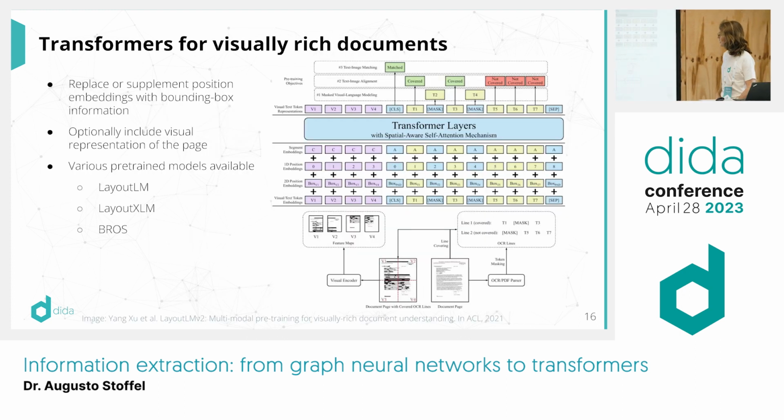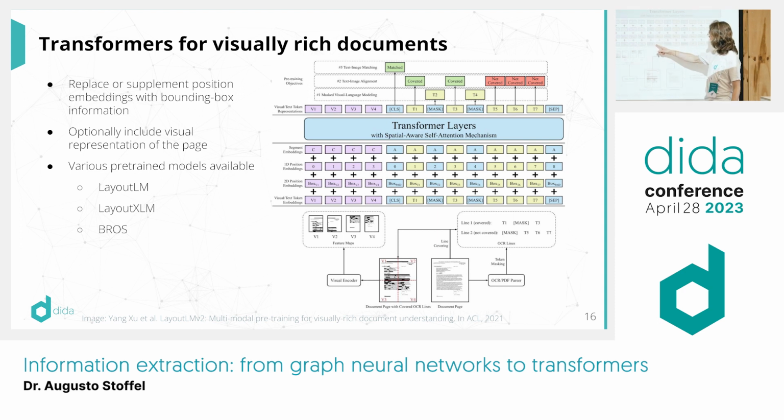Okay, so here is a picture of one transformer-based model for documents with layout. Maybe this is too much detail, but I just took this picture from one of the papers. The basic idea is to replace the position embeddings with bounding box information.